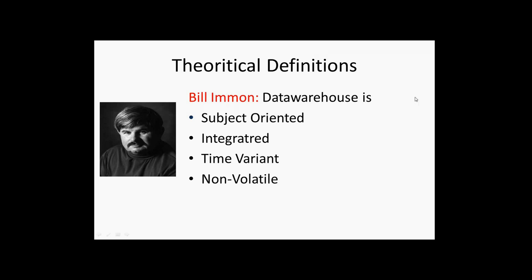Subject oriented in the sense, as I have said previously, in a data warehouse the data will be organized depending upon its subject, like HR, finance, sales. The data organization in a data warehouse is based upon the subject of the business, that is called subject oriented.